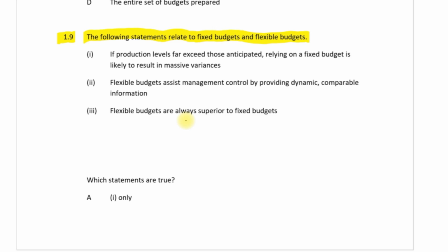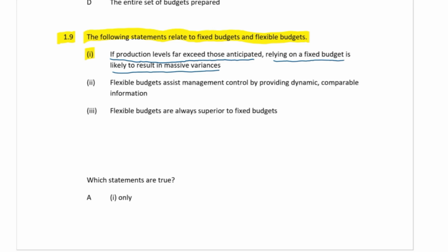So there's one here that if production levels far exceed those anticipated, relying on a fixed budget is likely to result in massive variances. Variance is the difference between what you budgeted and what you actually incur.